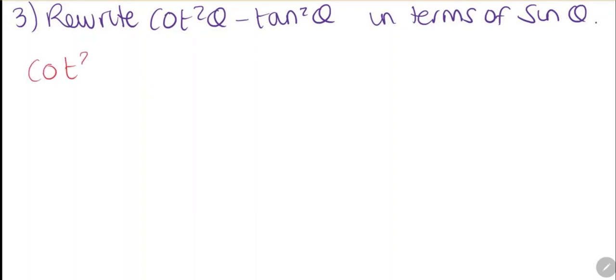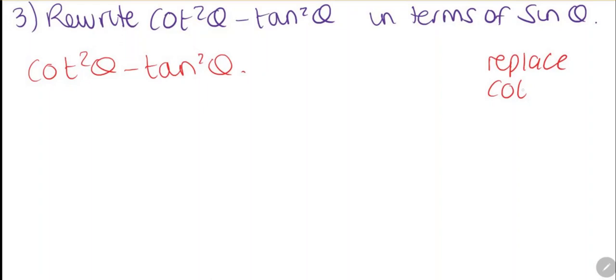So we have cotangent squared theta minus tan squared theta. So we can replace cotangent squared theta with cosecant squared theta minus 1.